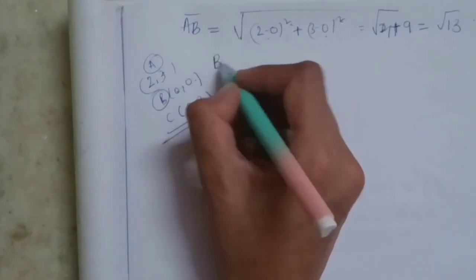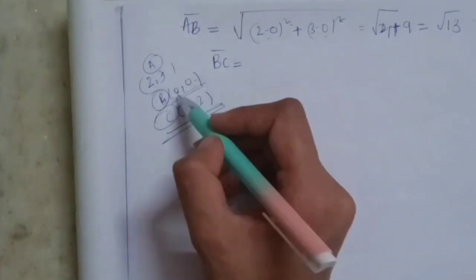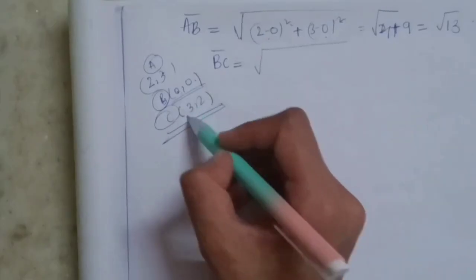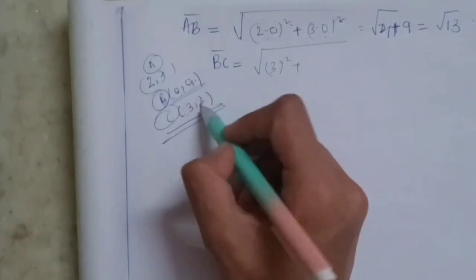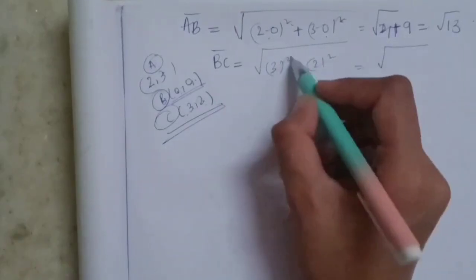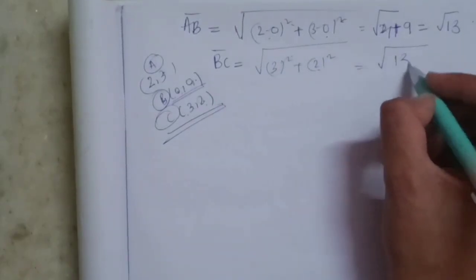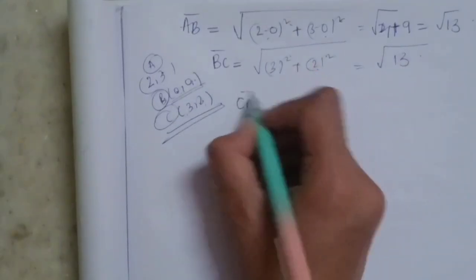Now let us find the BC distance. The difference between the x coordinates, 3 square, plus the difference between the y coordinates, 2 square. Same, 9 plus 4, which is under root 13. And let us find the CA distance.